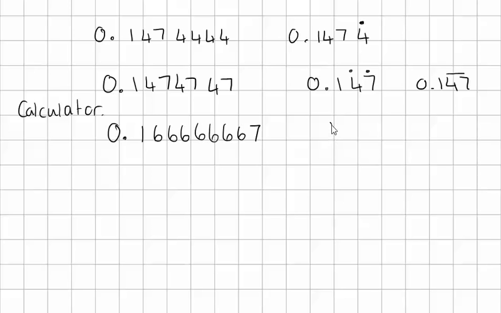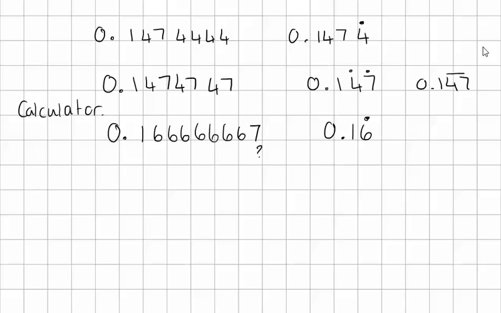0.16 repeating. 0.16 with a dot. Why is there a 7 there then? Why is that 7 there, Yifan? Because there's a lot of 6s. So what has the calculator done, Yifan? Yeah, but why? What's it done?